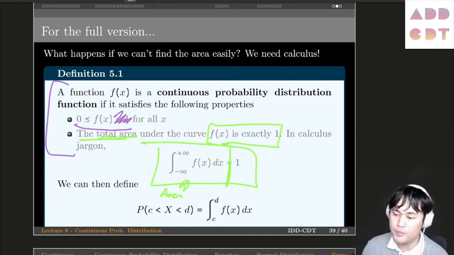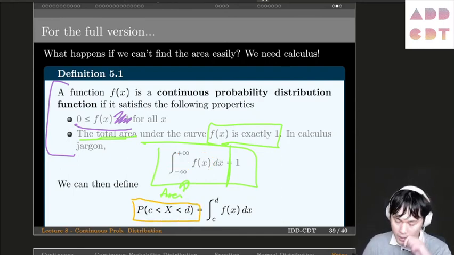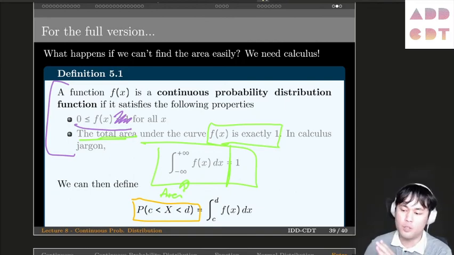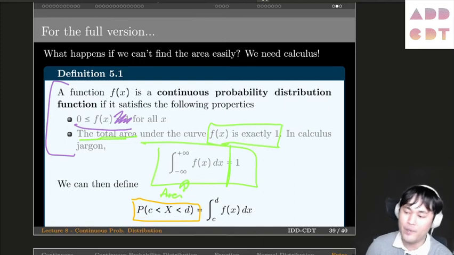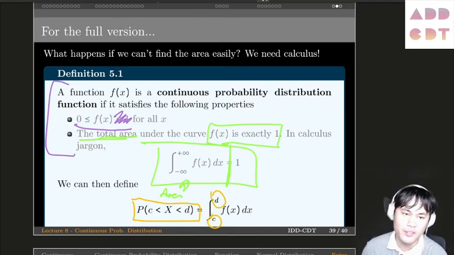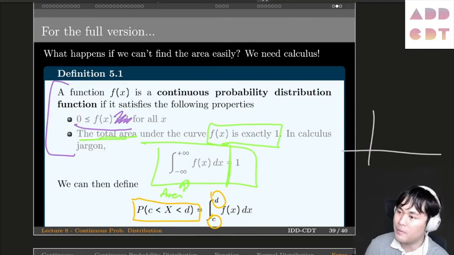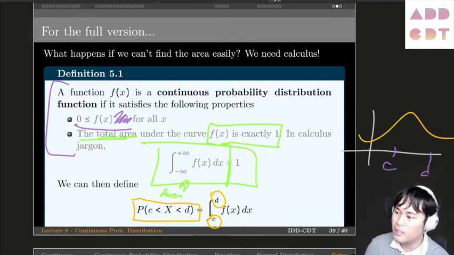And once we have these two, we can define the probability of the random variable x to be between two numbers, c and d, to be simply the area between the 2 points, from c to d. That is exactly what we have done so far. We have the point c, we have the point d. We identify the area.